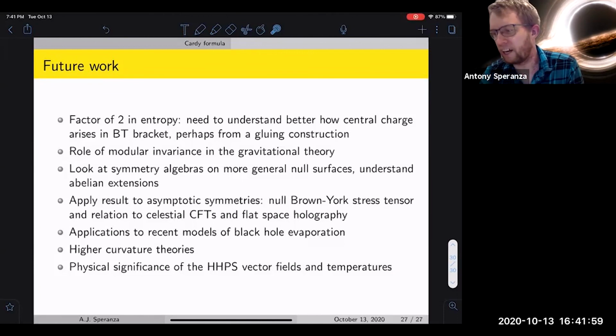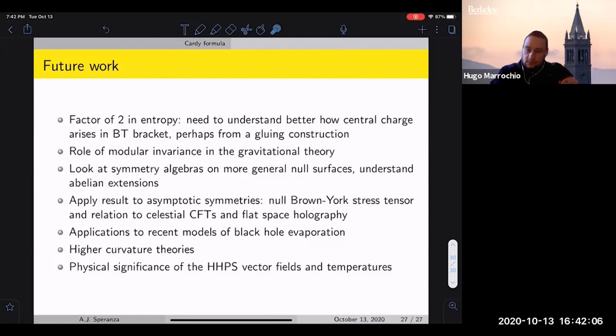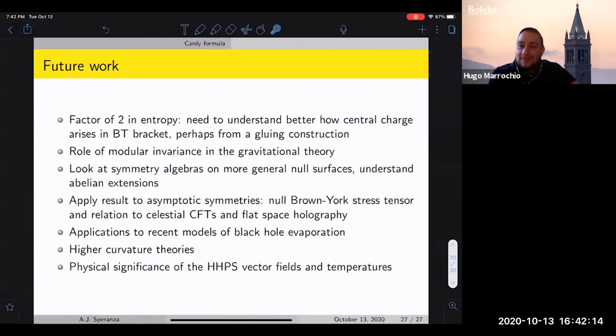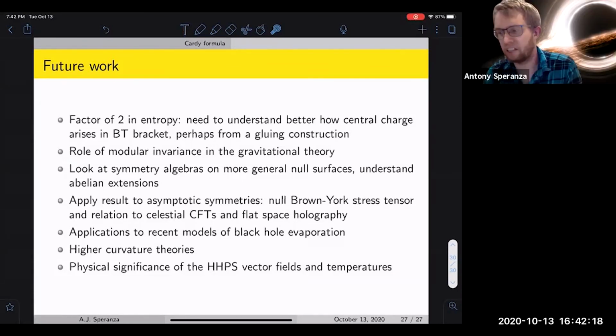It would be interesting to see if you can get an entropy interpretation of other null surfaces. I mean, probably, we know from holography that it's not just Killing horizons, it's RT surfaces. Exactly, like extremal surfaces versus non-extremal, yeah. Right, exactly. So presumably you could do this.